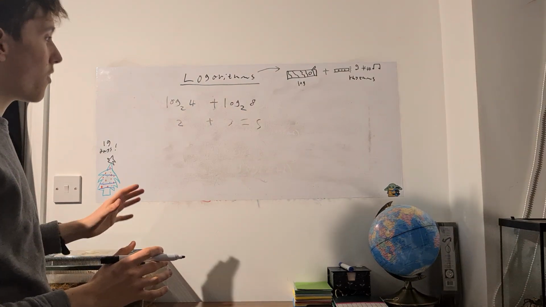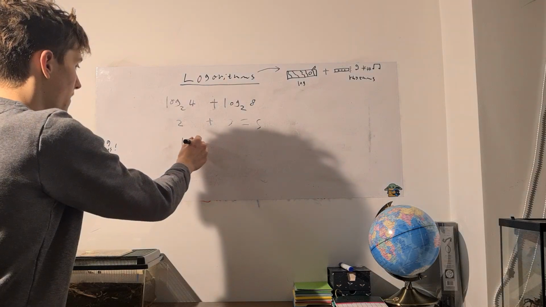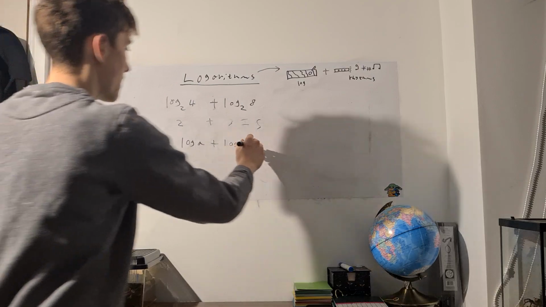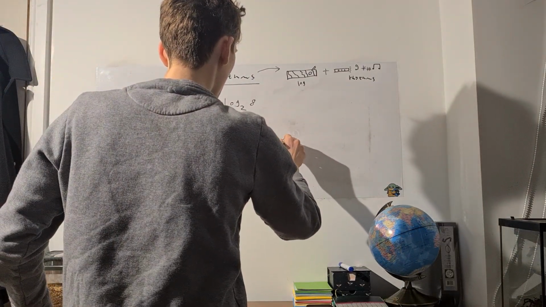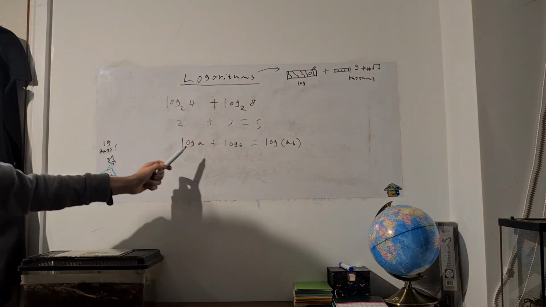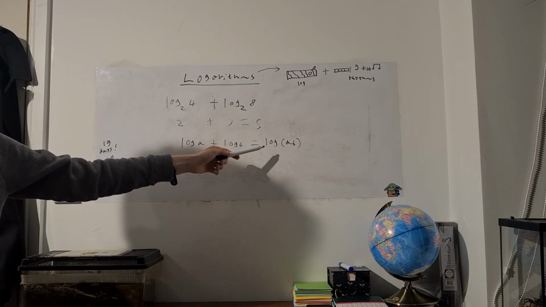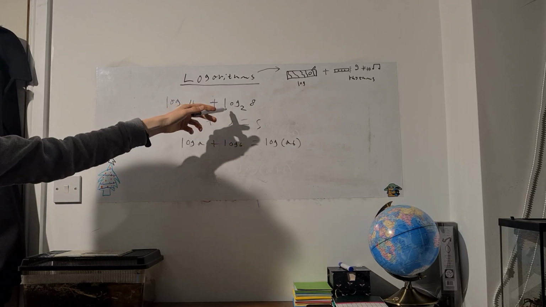The standard formula for this is log A plus log B equals log AB. Looking at that, log A plus log B is equal to log AB. Now, what's our A? What's our B?